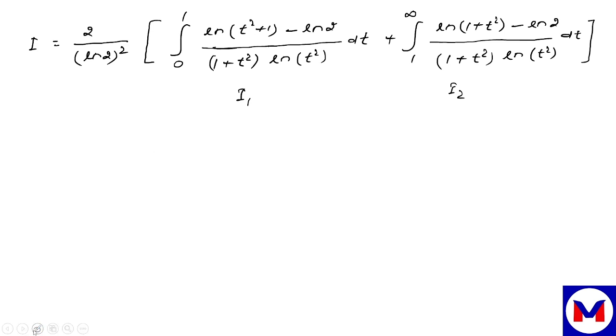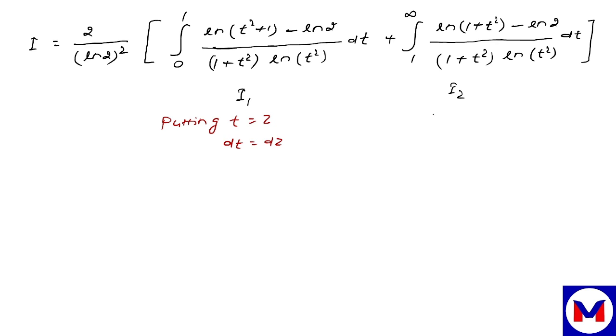Putting t equals z in I1, we get dt equal dz, and by using this the limit will remain the same.